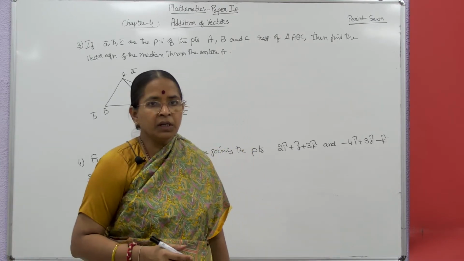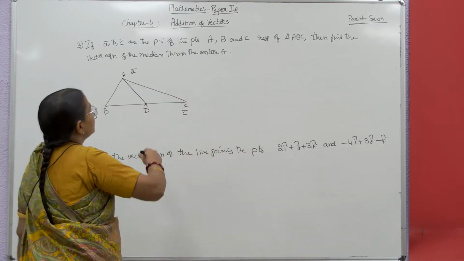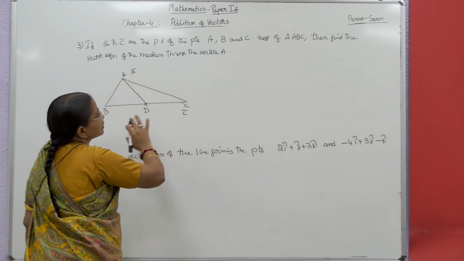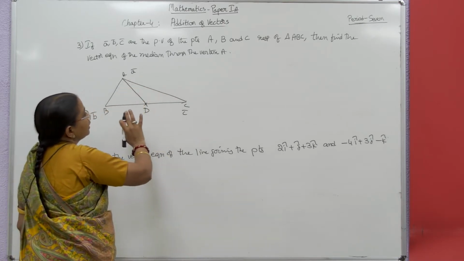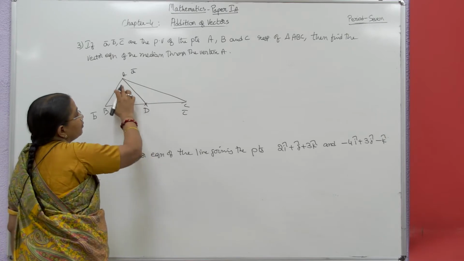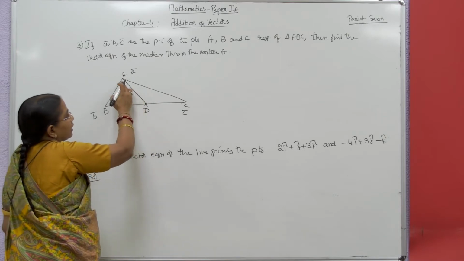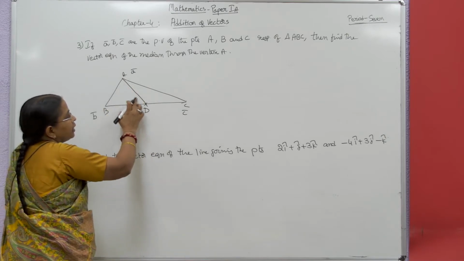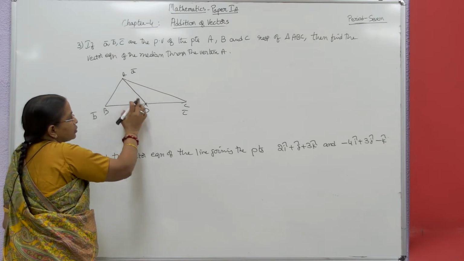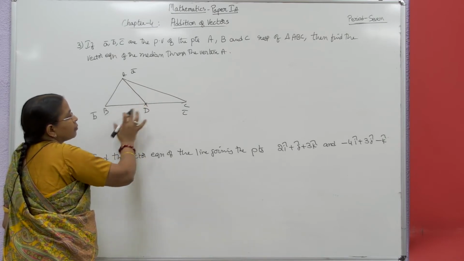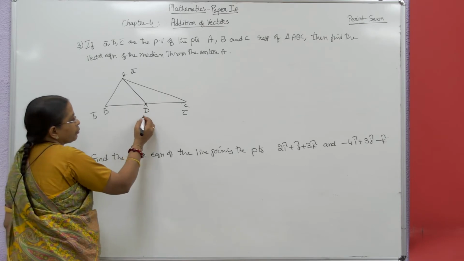Now the next problem is: A, B, C are the position vectors of the points A, B, C of triangle ABC. Find the vector equation of the median through the vertex A. Median means it should pass through the midpoint of the opposite side BC. So D is the midpoint.